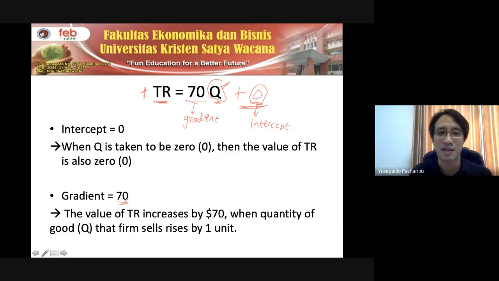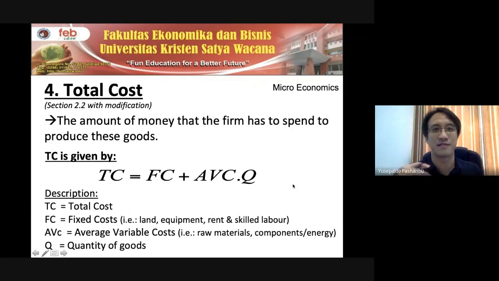In this case, because the price is only 70, if the quantity sold rises by 1 unit, then the total revenue will increase by $70. Get the idea? That's for total revenue.